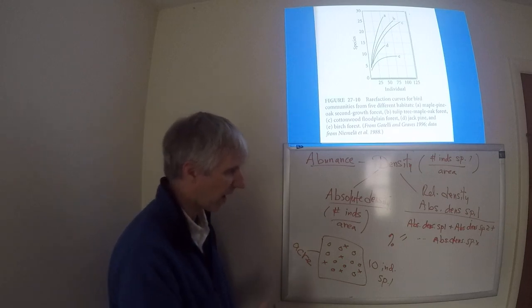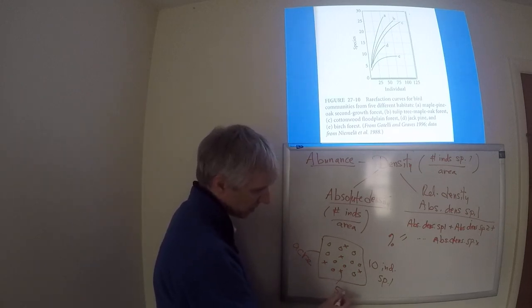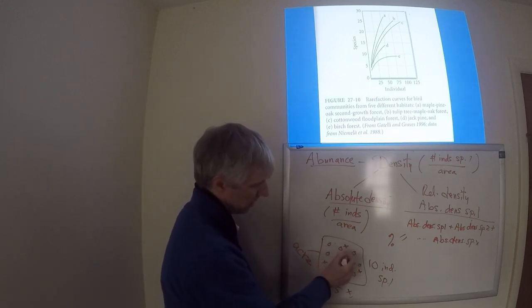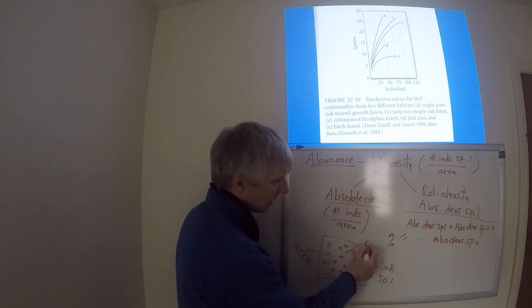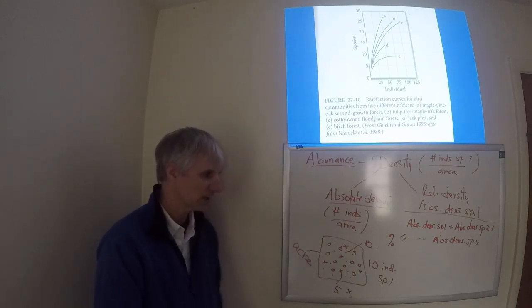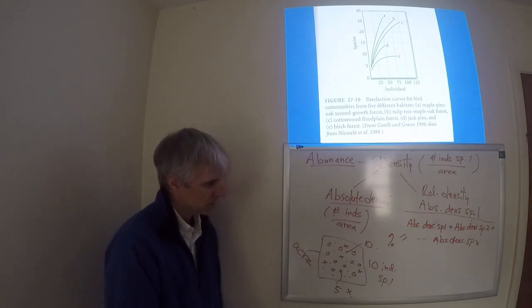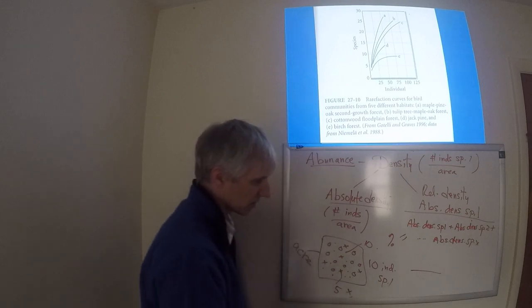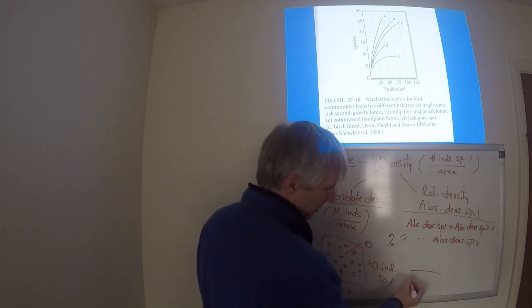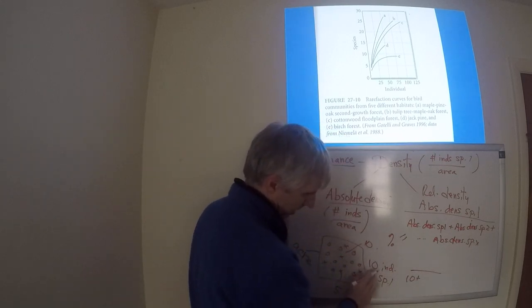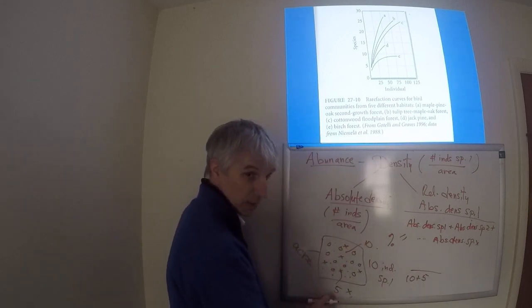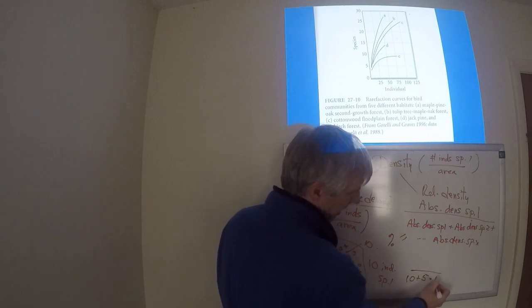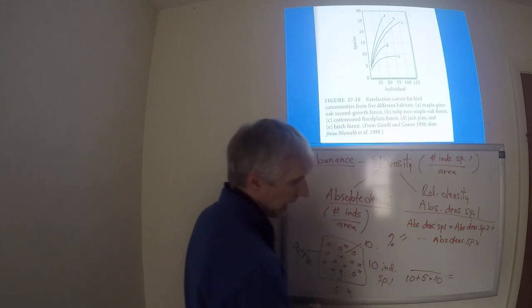Let's say there are 5 individuals of species X, and there are 10 individuals of species dot. So I would take and sum up all of these absolute densities. 10 individuals of species 1 plus 5 individuals of species X plus 10 individuals of species dot.